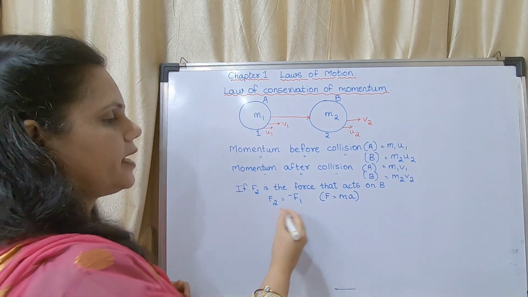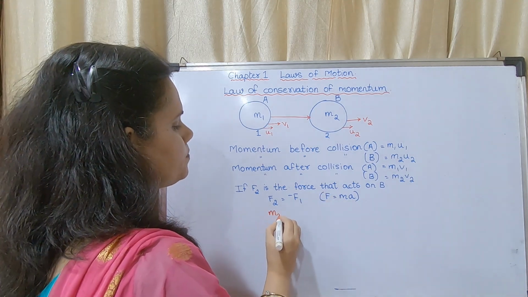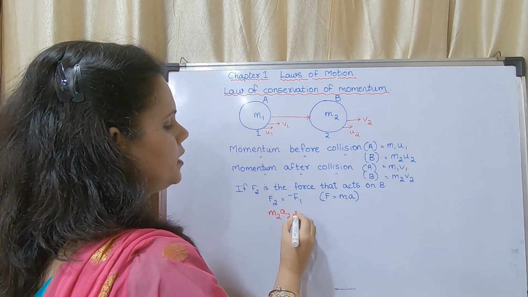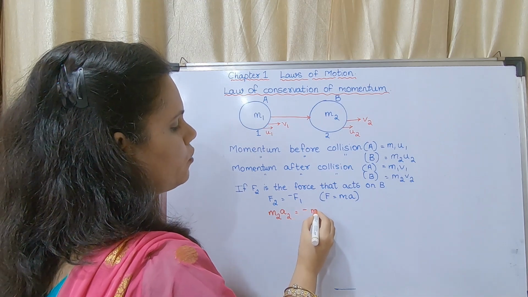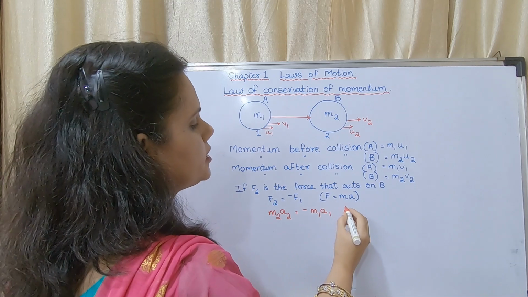So what is F? F is equal to MA. So M2 A2 is equal to minus M1 A1. And what is A?